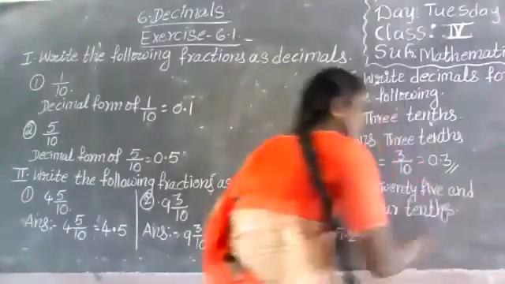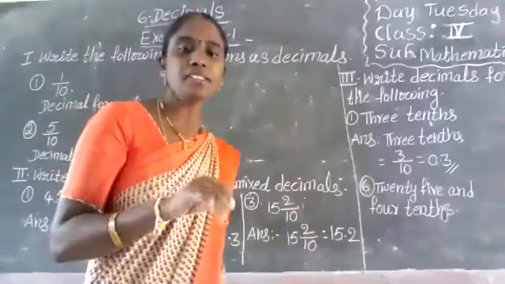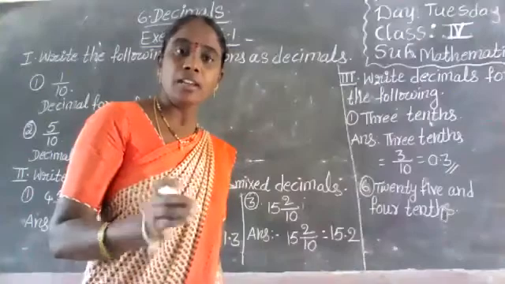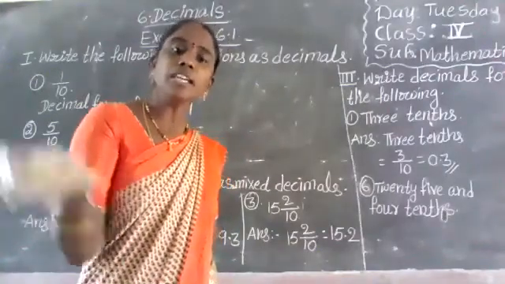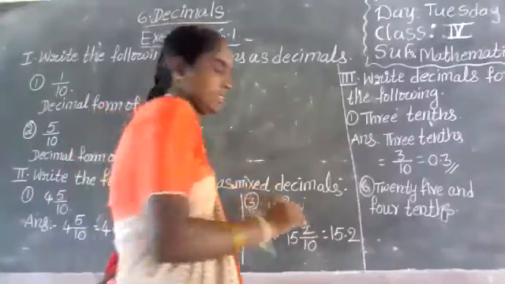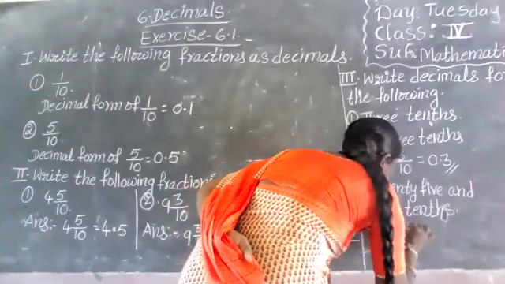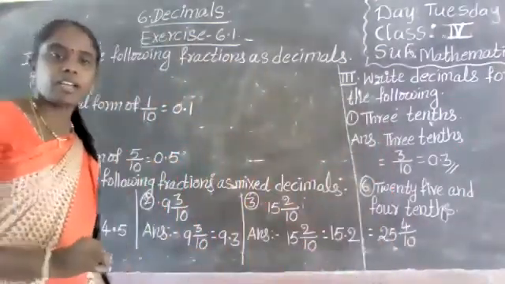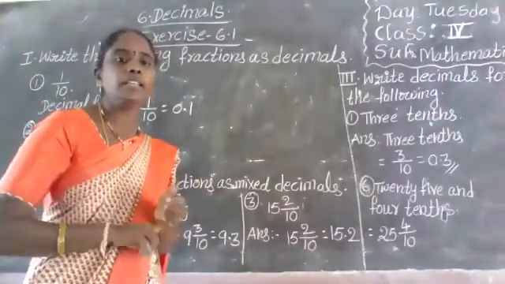25 and 4/10 means 25 is a whole number. Okay, 25 is a whole number, not 25 by 4. That is not correct. 25 is a whole number and then 4 by 10. 25 and 4/10 means 25 whole, 4 by 10.